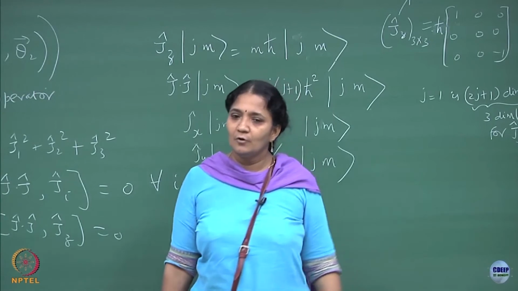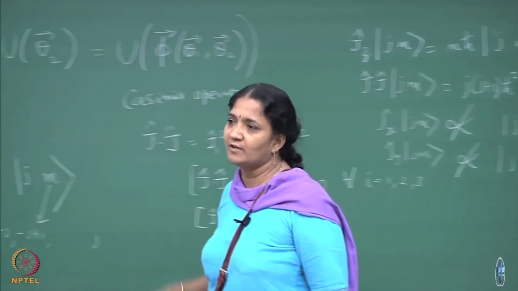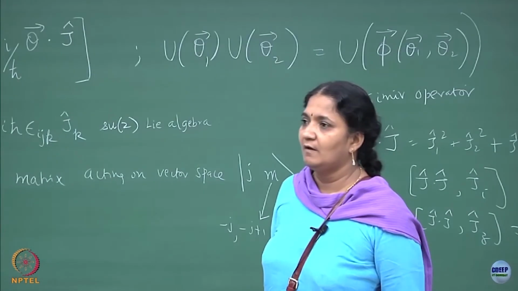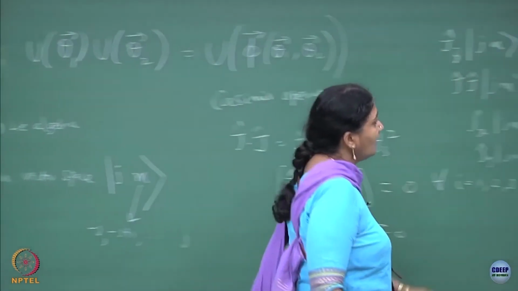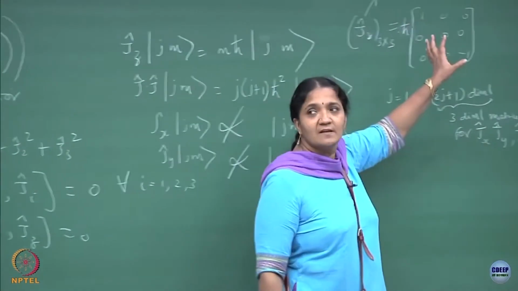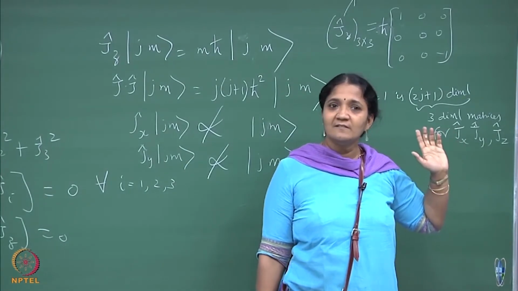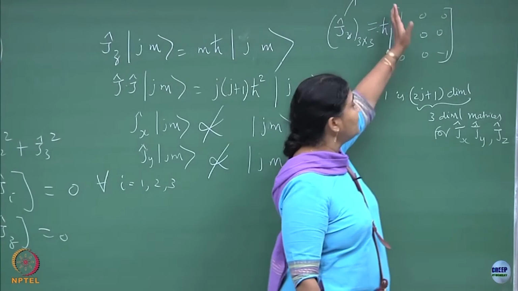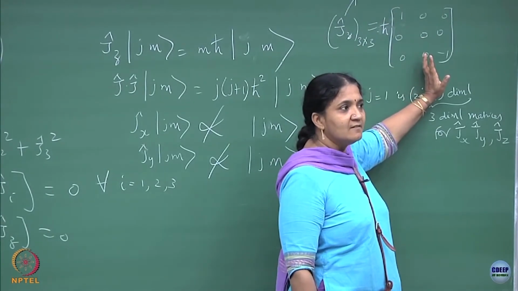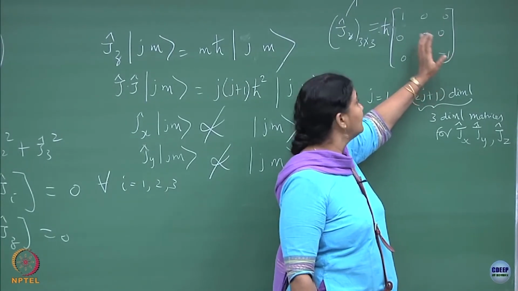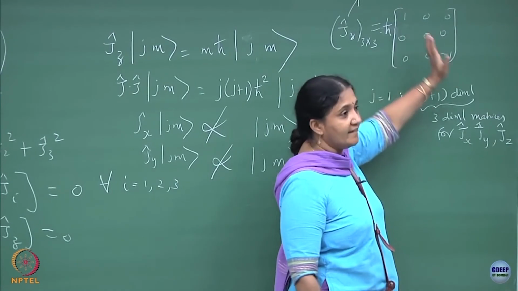So, if you go to SU3 for example, I want to construct the generators with certain properties for the special unitary group. What are the properties? It has to be traceless and Hermitian. This is traceless and diagonal also.